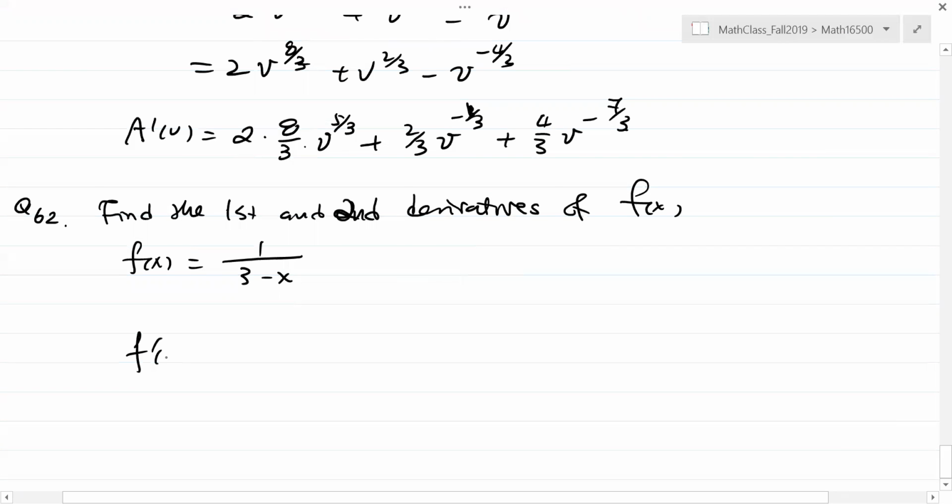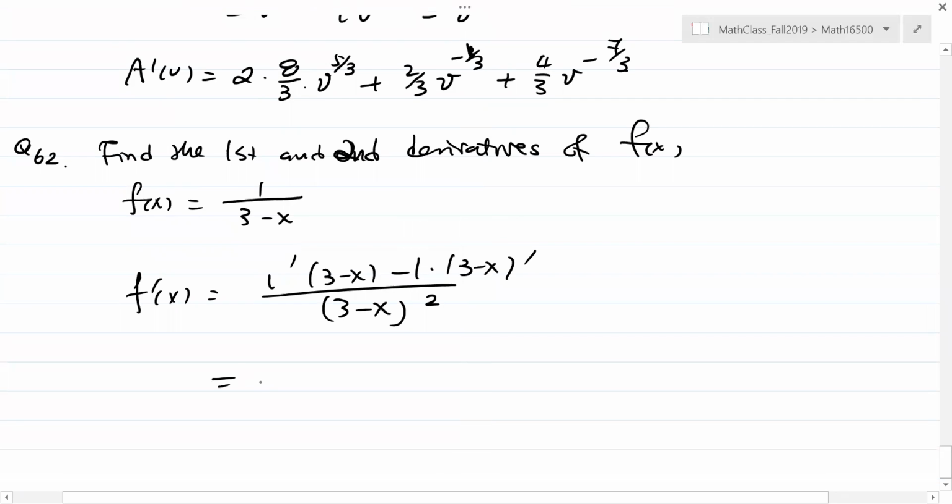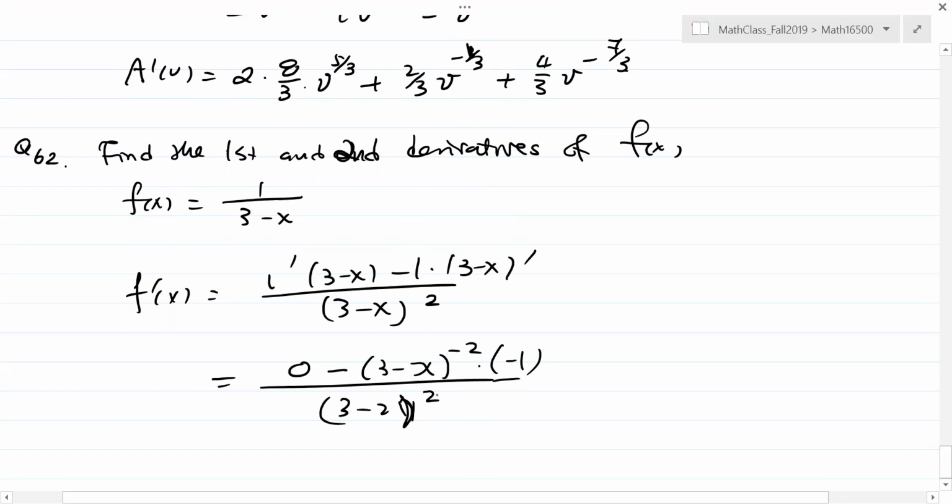Okay, so the first derivative, you get (3 minus x) squared times 1 prime, (3 minus x) minus 1 times (3 minus x) prime. But 3 minus x prime is negative 1. So the first term is 0. No. Wait a minute.